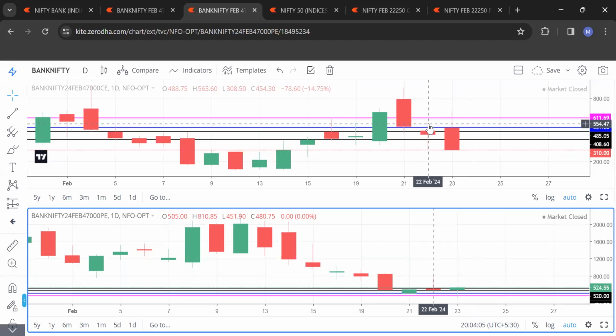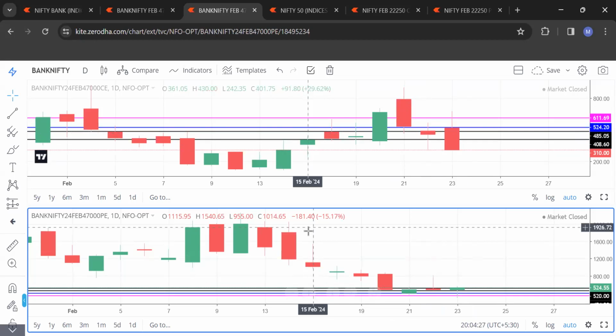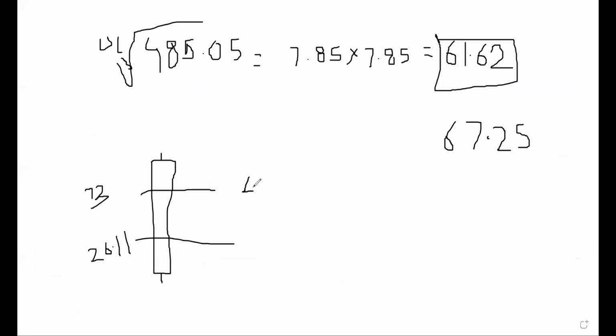Now I will subtract 26.11 from 100 and thereby get 73.89. In short, I will subtract 66.6 from the previous day's high, which is 563.60, and you get 496.99, just 497. So in the call, yesterday's figure was 497. Let's write it down, 497. So that is in the call.